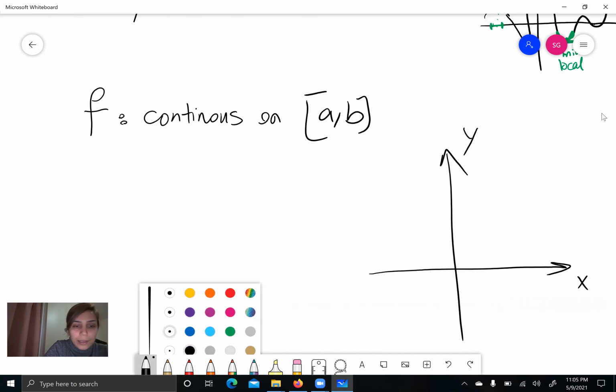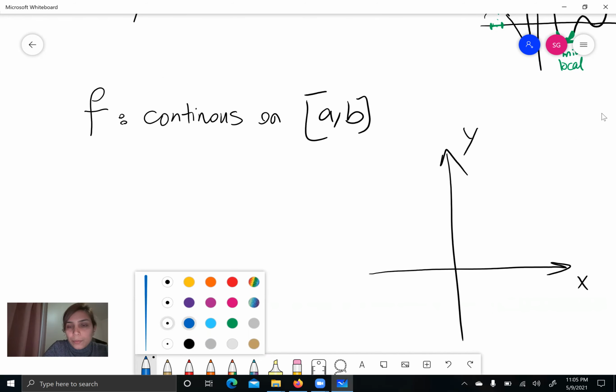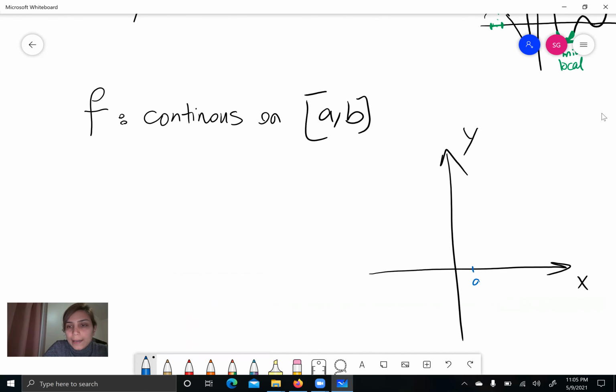So a graph like, suppose this is A, this is B, and this is f of A, and this is f of B, and your graph might look like something like this.